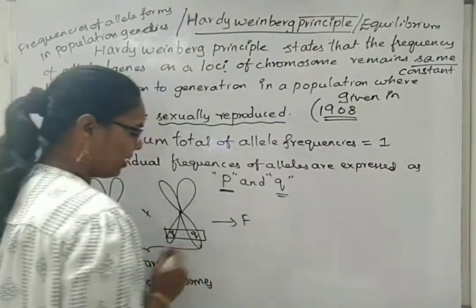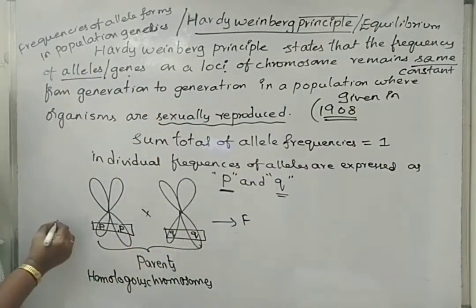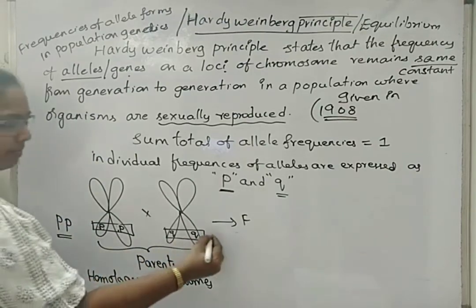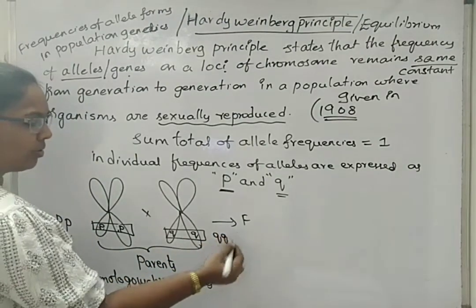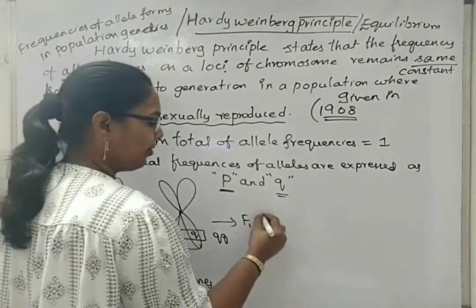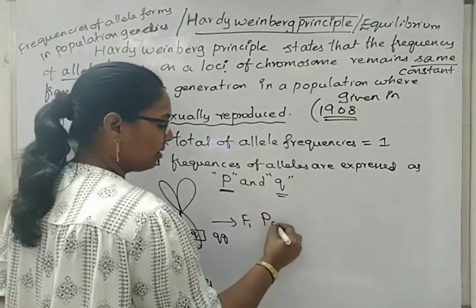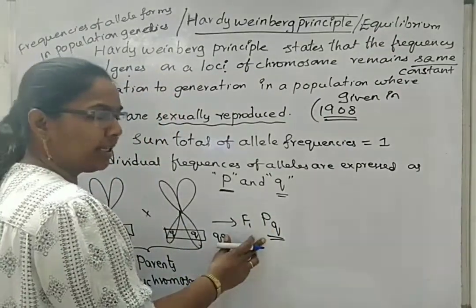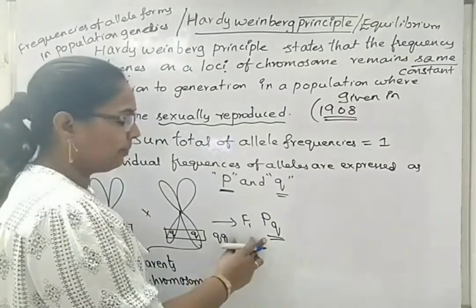In the F1 generation, since the alleles here are homozygous dominant and here homozygous recessive, we get heterozygous dominant, which phenotypically expresses the dominant feature.